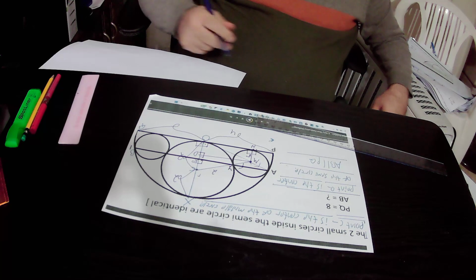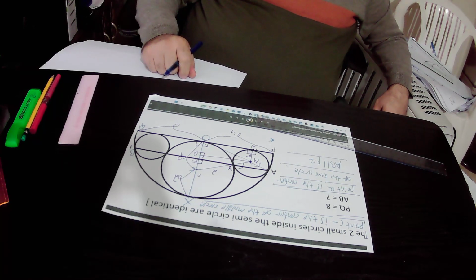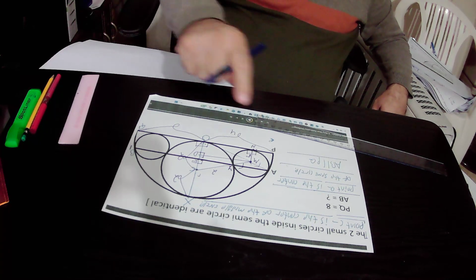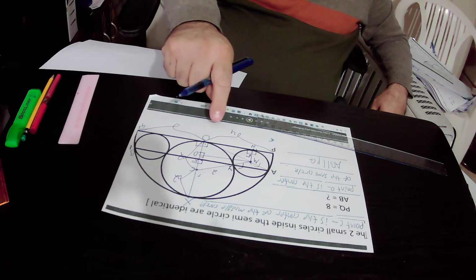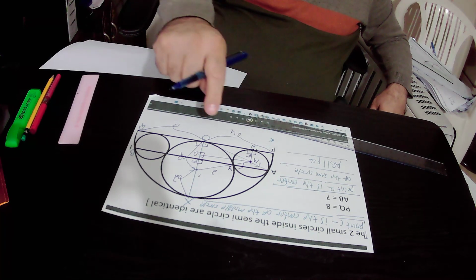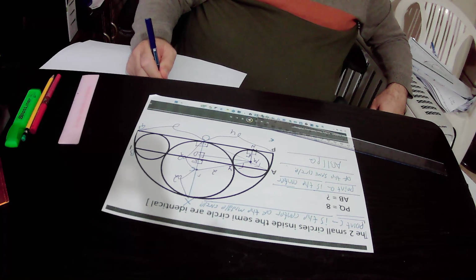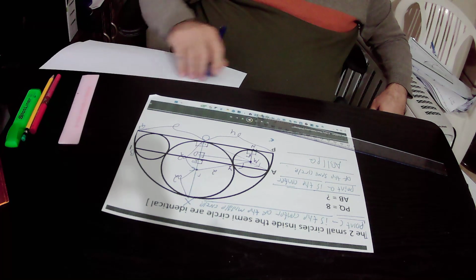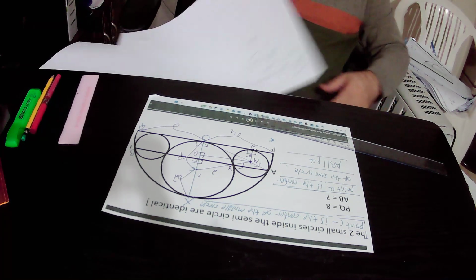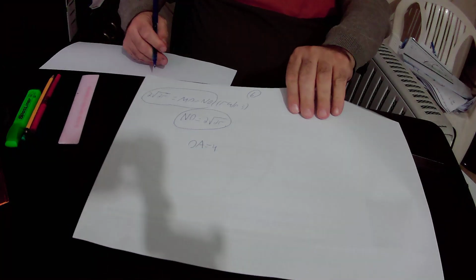And we know that OA is the radius of the semicircle, that is to say, it equals 4 units.